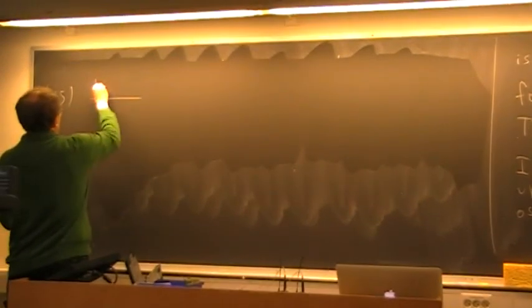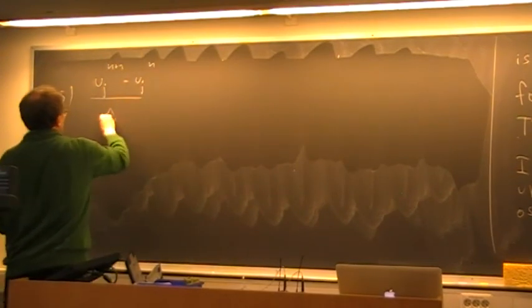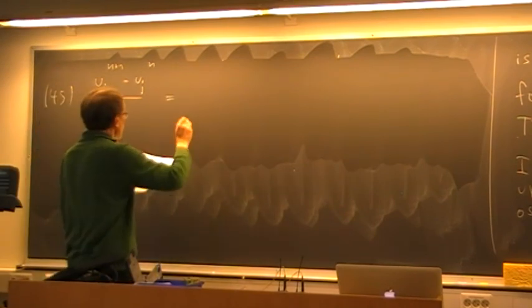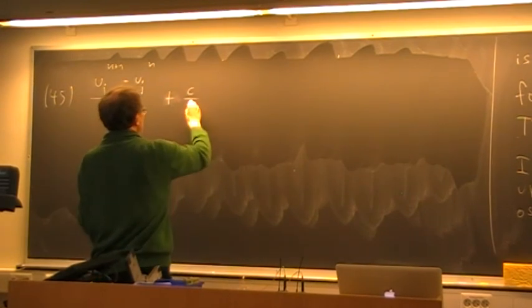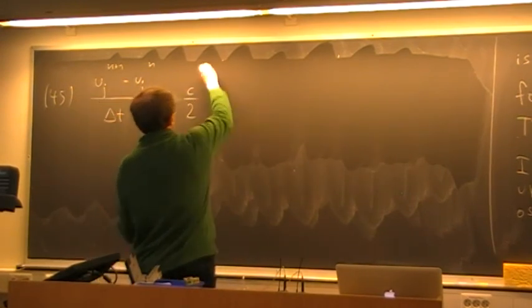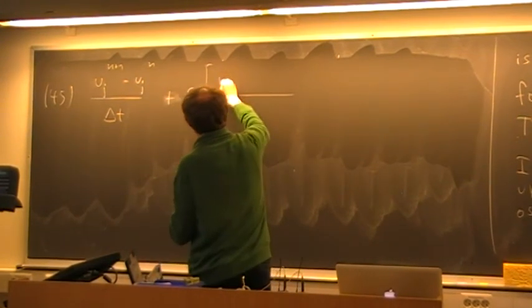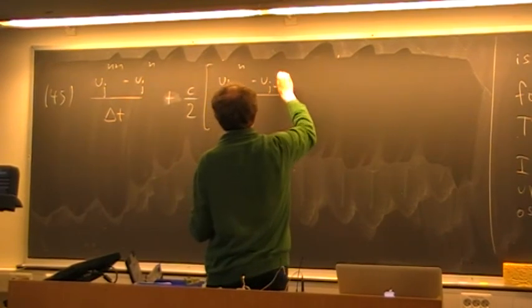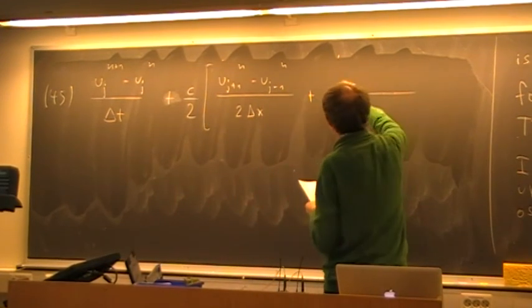We do the same discretization of the du/dt as we saw before. But now we take the plus here, we do an average. We have the advection speed little c, take that divided by 2, and then we take the centered differencing first at the old time level, and then at the new time level.